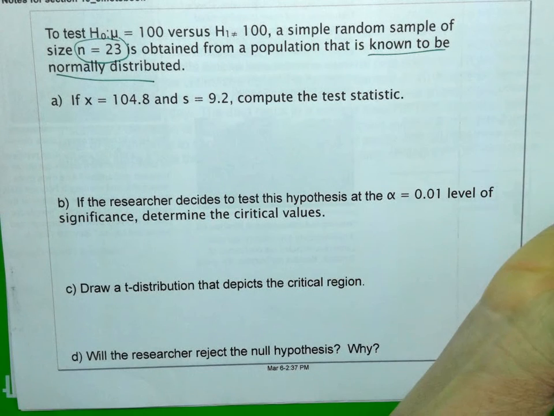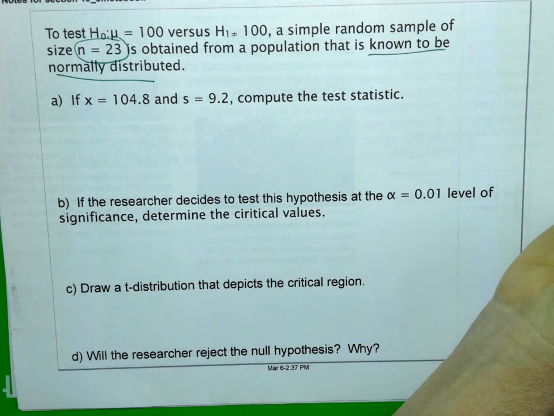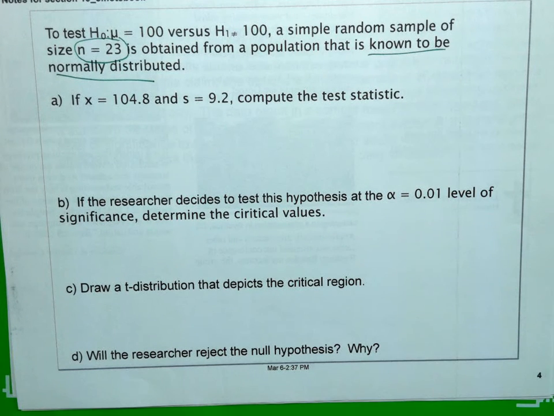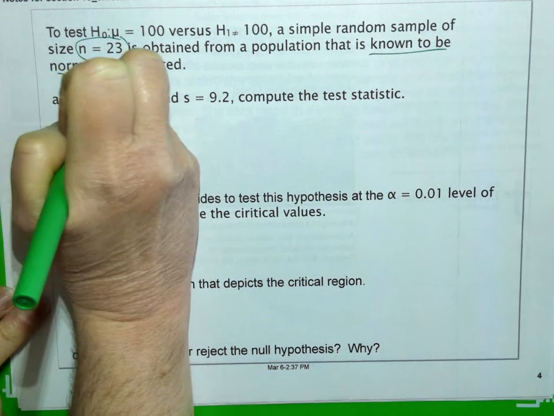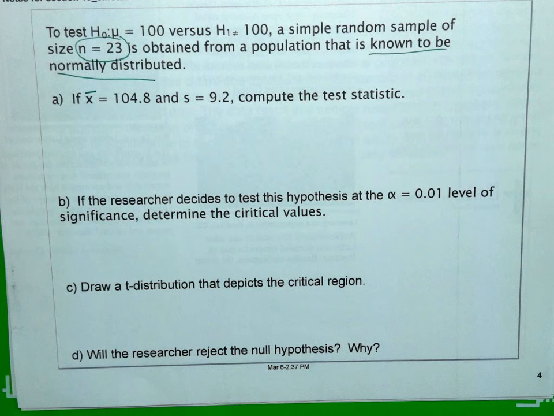Because our sample size is less than the magic number of 30, right. Okay, so if X bar is 104.8 and S is 9.2, compute T.